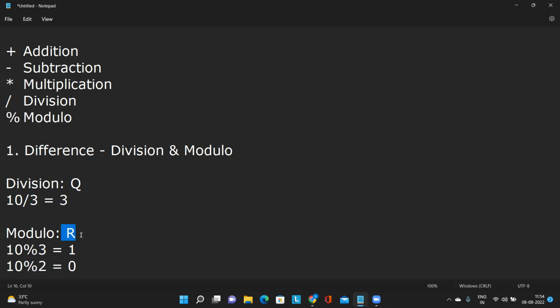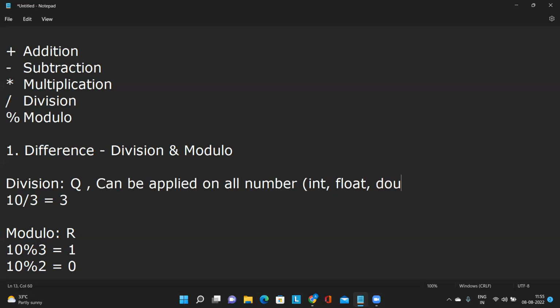The division operator can be applied on all number data types. That is, I have my int, I have my float, I have my double.